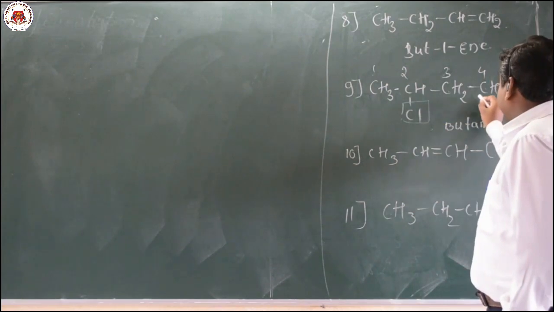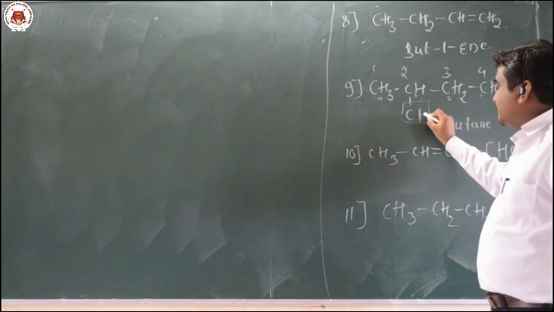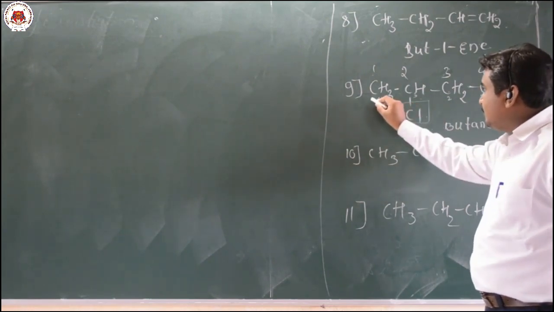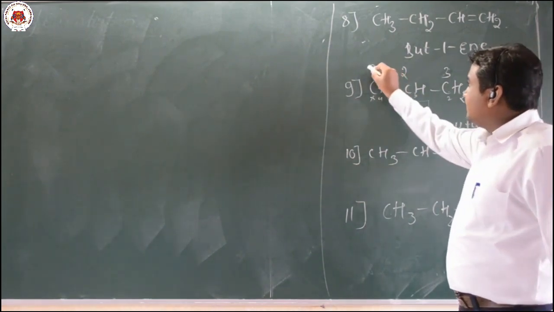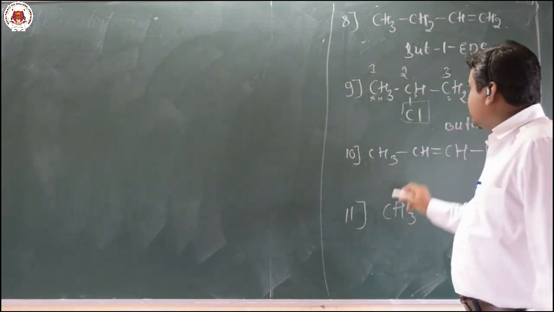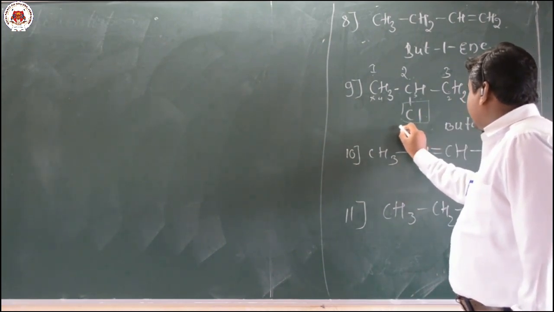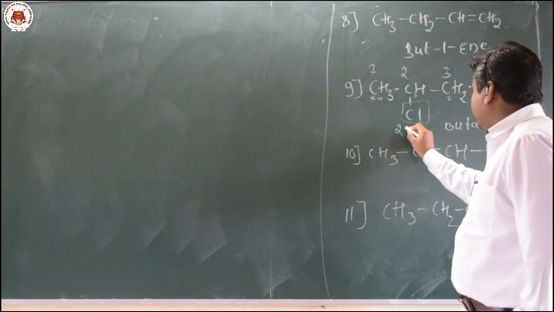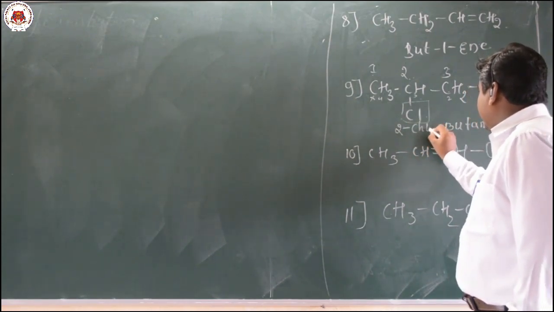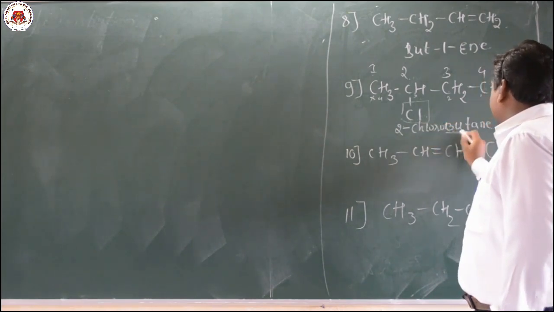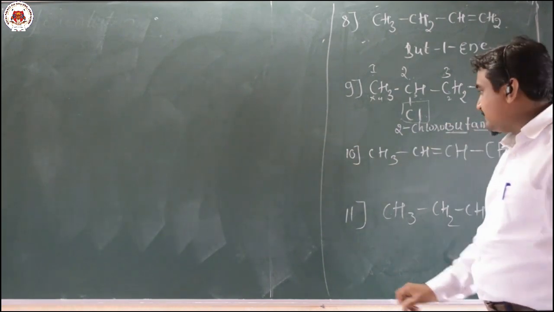If you number from the other side, the third carbon atom has the substituent group. According to the IUPAC system, this type of numbering is the wrong method, because the branched carbon should get the lowest number. Hence the position of the substituent group is 2, the name of the substituent group is chloro, but is the root word, and ane is the suffix.